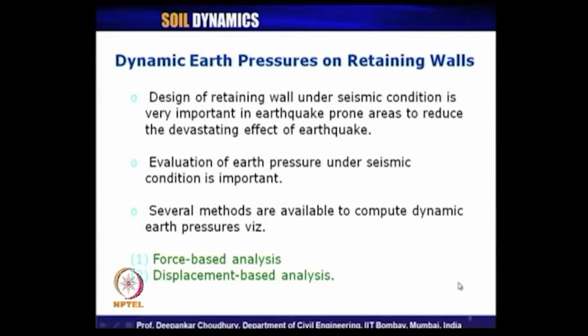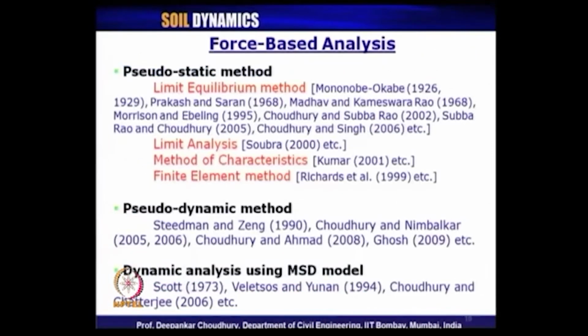Let us see what are the common methods available in force based analysis. If we categorize them, there are three basic methods, though there are several other methods: pseudostatic method, pseudodynamic method, and dynamic analysis using mass spring dashpot model.